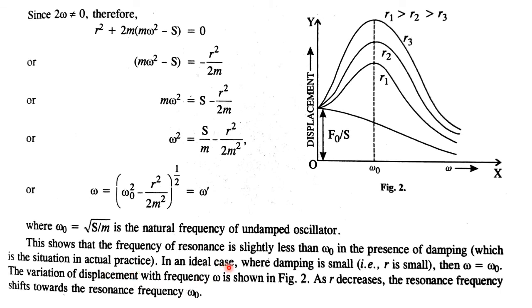In the ideal case where damping is small, the ideal case is generally not realized in actual practice, because there are so many errors and friction which are introduced because of the environment. If I consider r is very small, that means this factor has to be neglected. That means your oscillation basically starts oscillating with the natural frequency, which is not practically realized. But as far as physics is concerned, we can take it as a case.